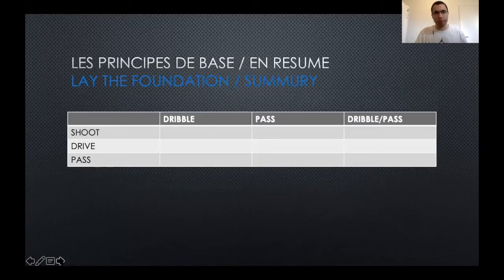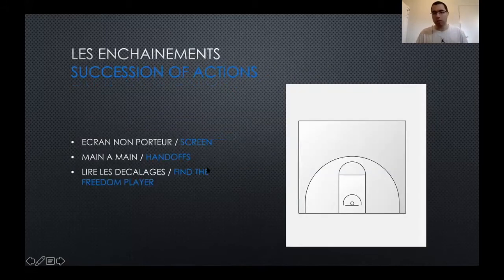Then we have two options left here in the table, when we clear the ball by dribbling and passing, and then it is followed by a pass. Here we can move on to a sequence of actions, which I'm going to show you on a diagram.